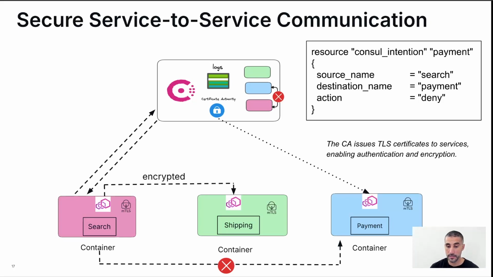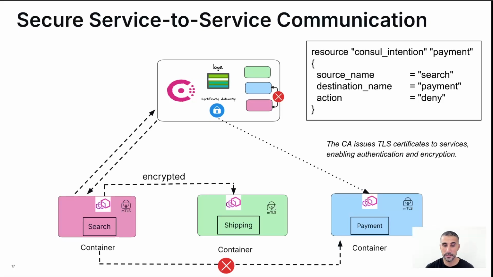Those intentions provide authorization based on the identity of the service itself and not the IP. Once we have authorization in place, we need to secure every communication channel with authentication and encryption.